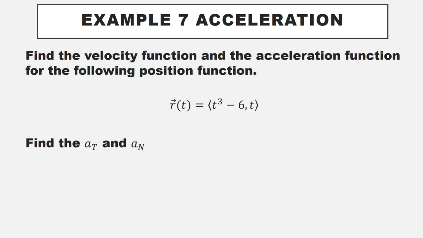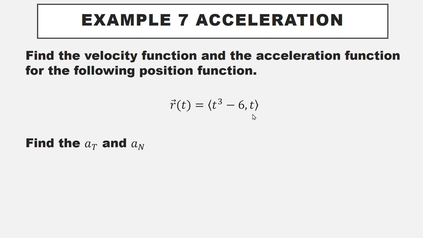Let's do another example with acceleration. Let's break the acceleration into its component forms and create a sub t and a sub n with this function. Again, this is r of t. It's a function in R2. We have t to the third minus 6 comma t.